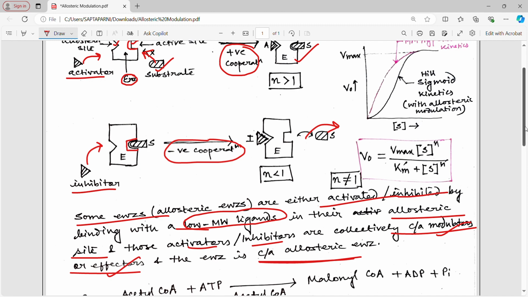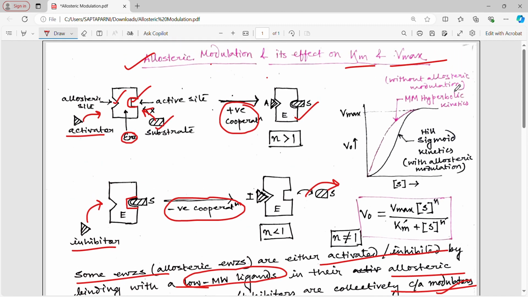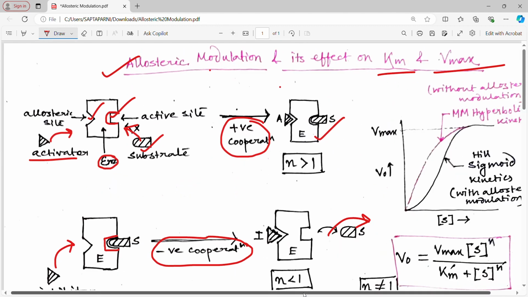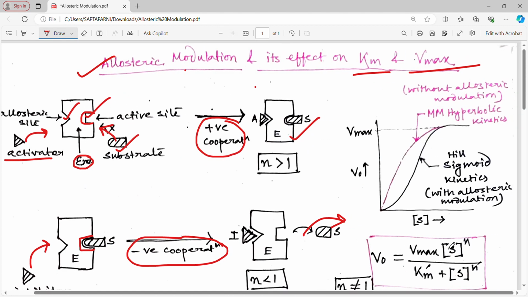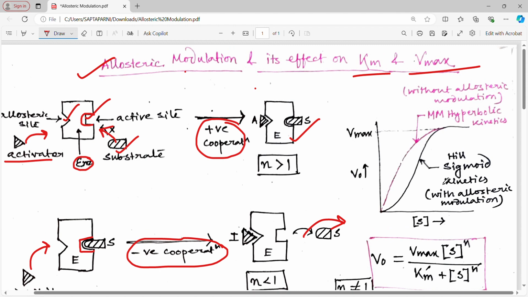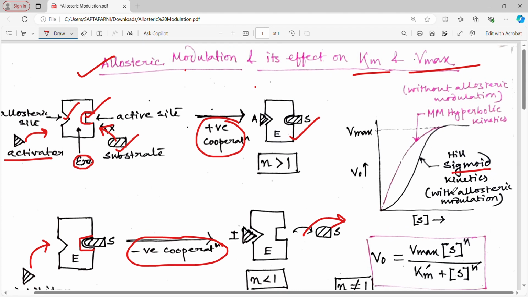Now one question may come to your mind: how do allosterically modulated enzymes follow sigmoid kinetics? See, in this graph the x-axis represents the substrate concentration and the y-axis represents the velocity of the enzymatic reaction.